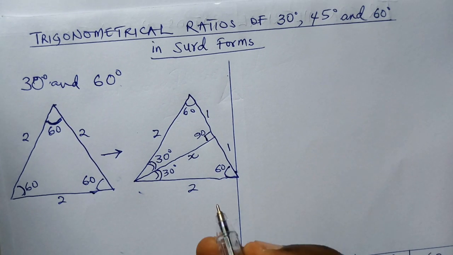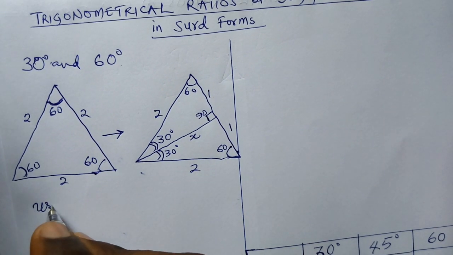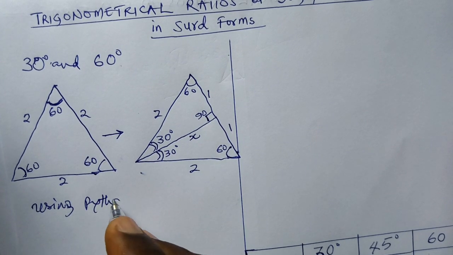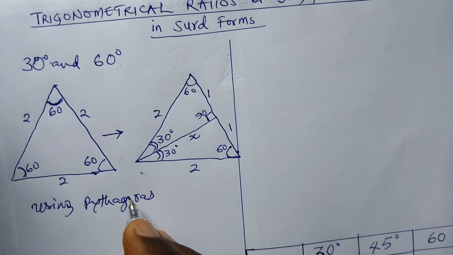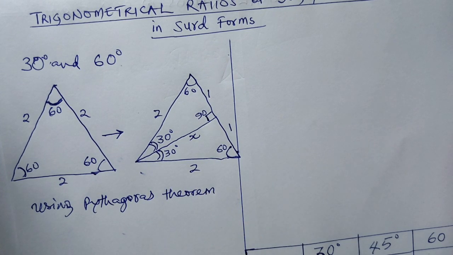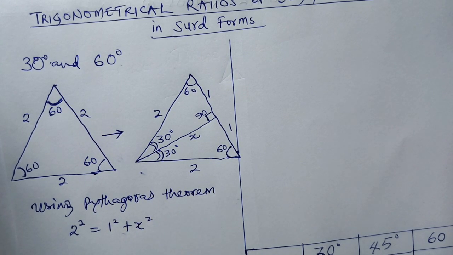So, in order to find x, we use Pythagoras theorem. Using Pythagoras theorem, we say that the square on the hypotenuse, which is 2 squared, is equal to the sum of squares on the other two sides in any right angle triangle: 1 squared plus x squared.